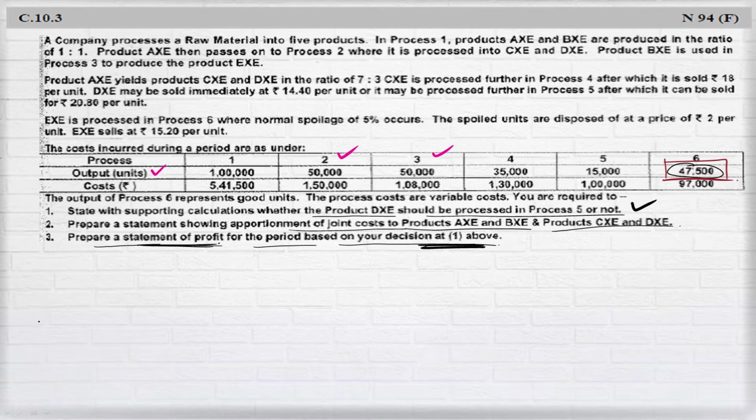And we will be making a profit statement or income statement. We are directly doing question number 3. In answer number 3, answer number 2 will automatically be taken into consideration.